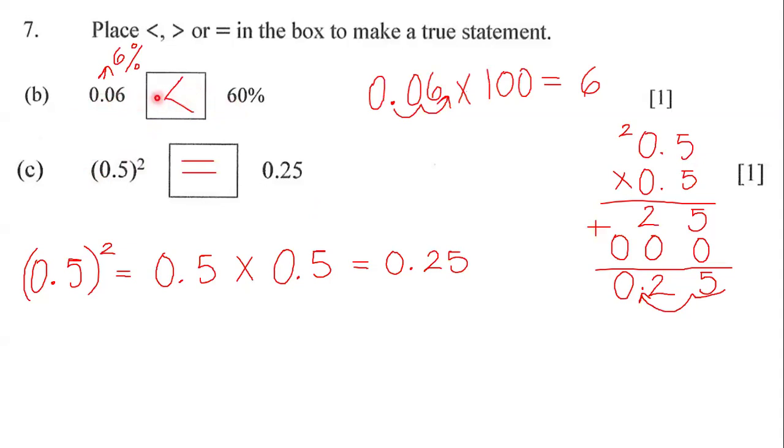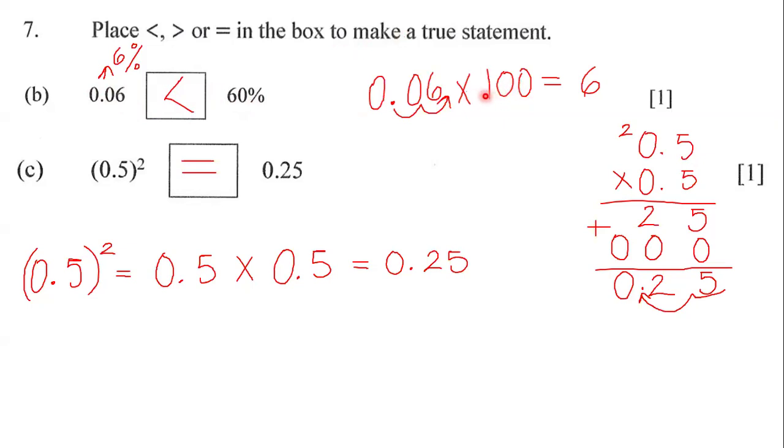Okay, so basically you have 0.06. And the question is, is that greater than or equal to 60%? Now, what we have to do is take 0.06 and convert it into a percentage. How do we convert it into a percentage? We have to multiply it by 100.